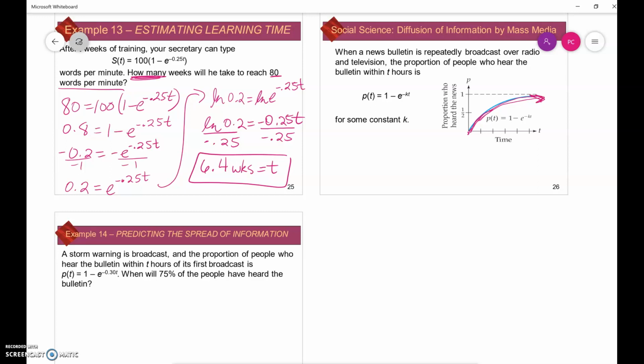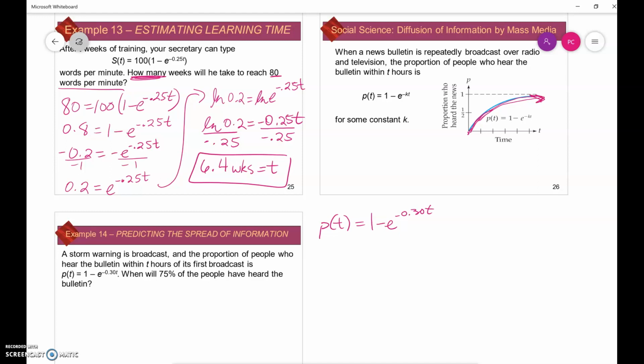If a storm warning is broadcast and the proportion of people who hear the bulletin within t hours of its first broadcast is the formula P of t equals 1 minus e to the negative 0.30t, we want to know when 75% of the people will have heard the bulletin.